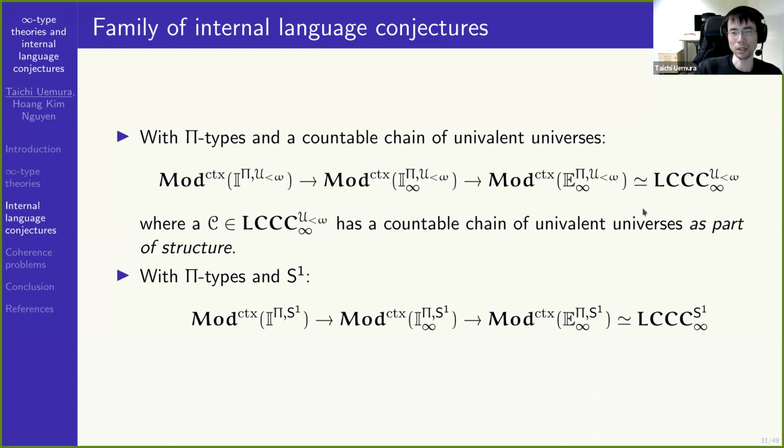We will get some notion of infinity categories with universes. I'm not sure if this can be used as a definition of elementary infinity toposes, but maybe it's something to think about. And also we may consider higher inductive types. So for example, if we add the unit circle, we will get locally Cartesian closed infinity categories with the unit circle defined as a suitable colimit.